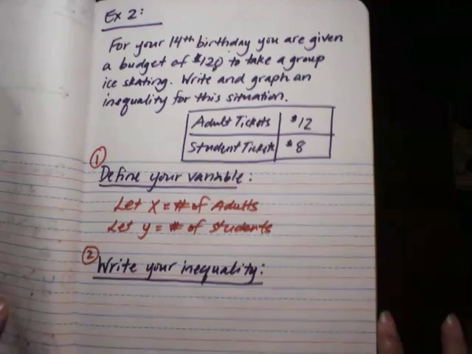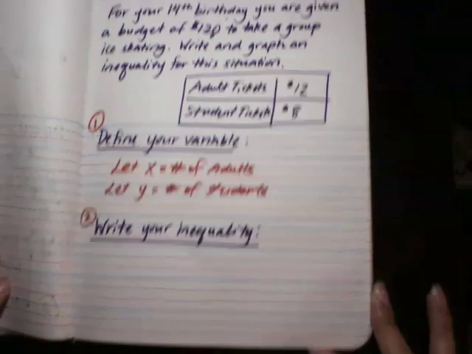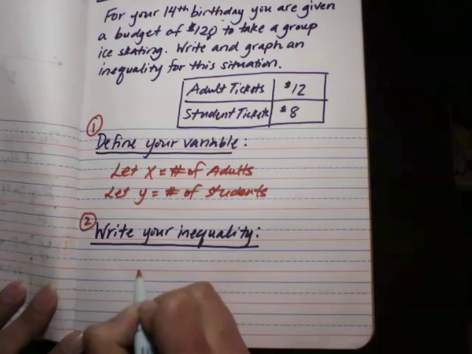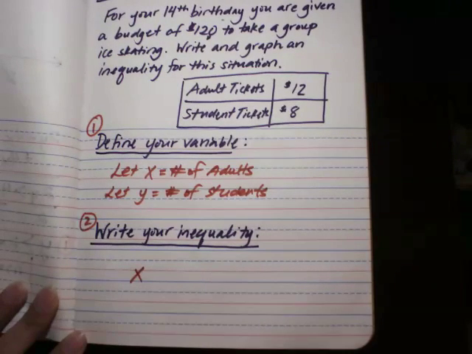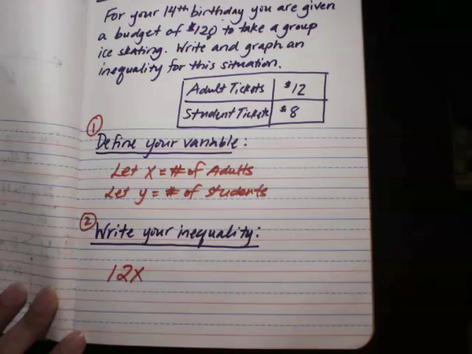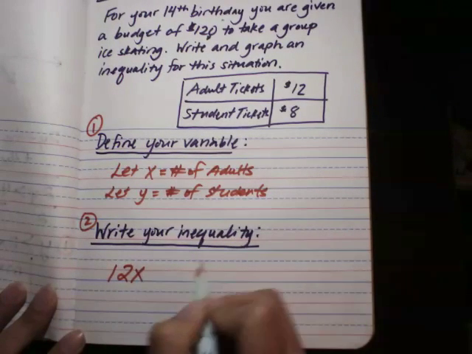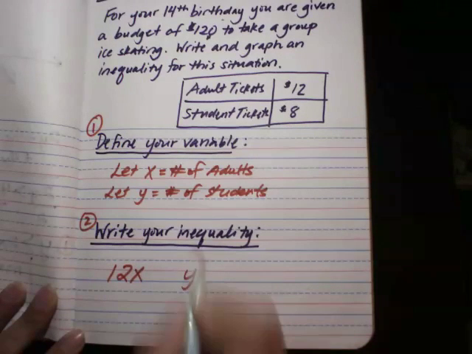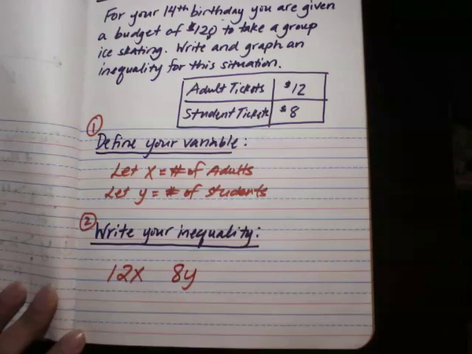Let's write our inequality now. We know that the number of adults, I don't know how many that will be, would have to pay $12 each, so 12 times x. And the number of students, I don't know how many are coming, but they're paying $8 each.